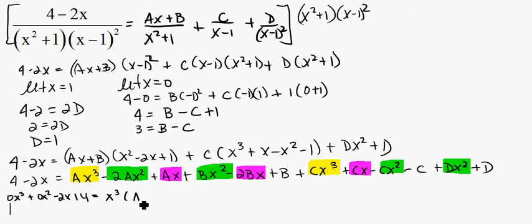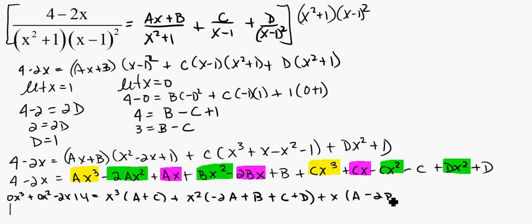I'm going to put all the x cubed terms together, so that's a plus c. The x squared terms together, which is negative 2a plus b plus c plus d. And then the linear terms, I get x, and I get a minus 2b plus c. And my constant terms, I just get b minus c plus d.